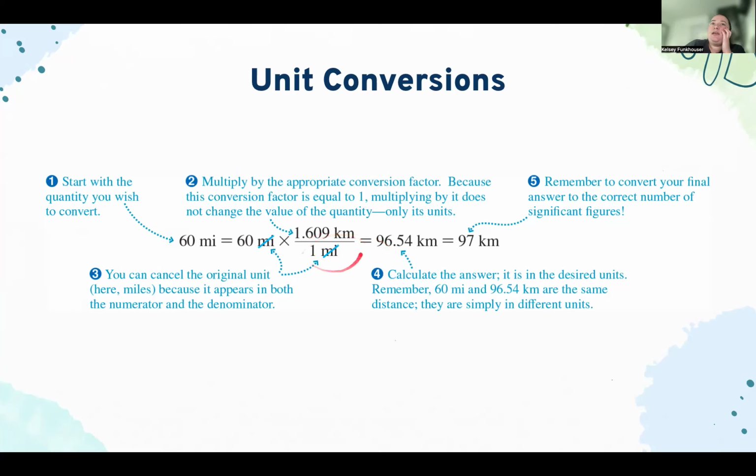So we should put it on the bottom so that our miles units can cancel out. So we have 60 miles times 1.609 kilometers over 1 mile, canceling out the miles, gives us 96.54 kilometers. But we just learned about significant figures, and this number is more precise than what we put in. So we need to round to 97 kilometers.